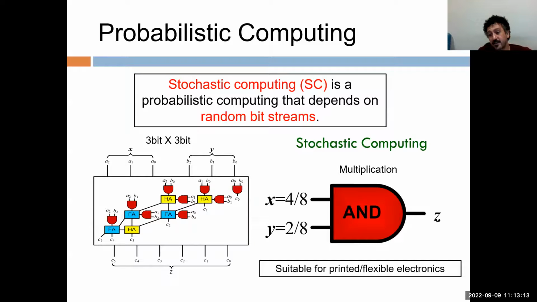This application is large-area flexible electronics, for example, organic transistors. Organic transistors are not quite feasible or commercially used yet. So there is a flexible circuit with thousands of transistors. For this purpose, stochastic computing can be used.